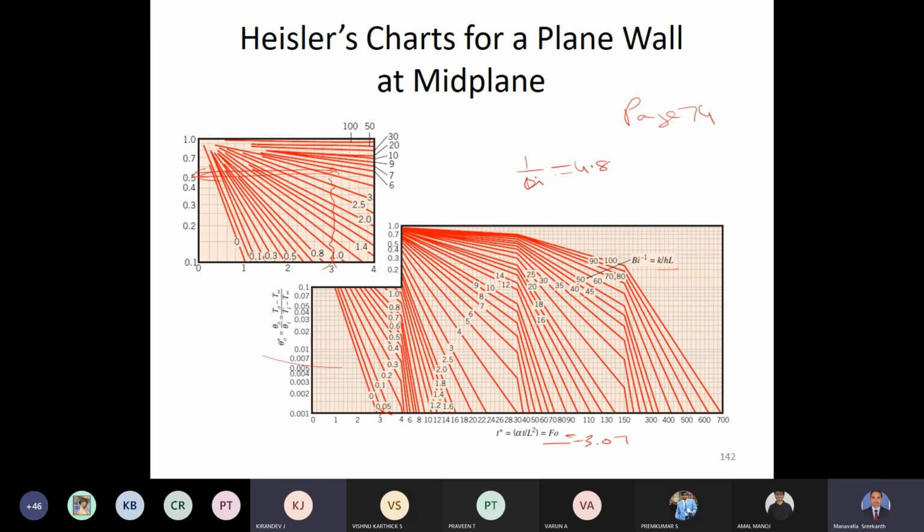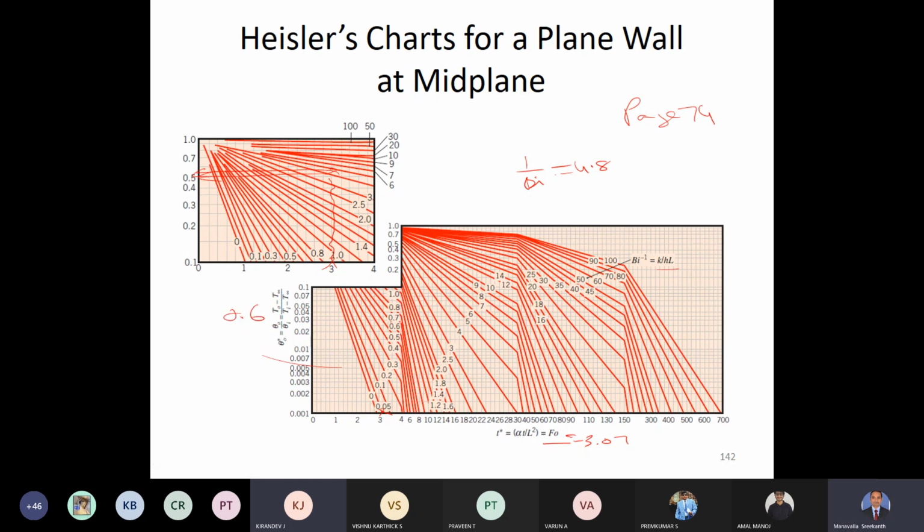We'll go by the data book's Heisler chart, so 3 and 0.2. It is roughly 0.6. That's what it is turning out to be approximately.